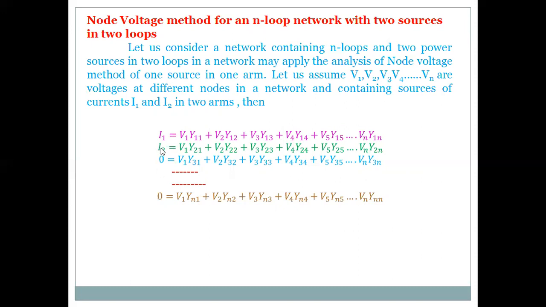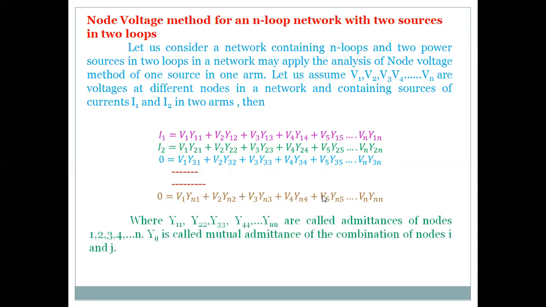For the second node, I2 is equal to V1 Y21 plus V2 Y22 plus V3 Y23 and so on plus Vn Y2n. We know in the third node there is no current source, so 0 is equal to V1 Y31 plus and so on. And also for the nth node, 0 is equal to the same form. By solving these equations, we can determine the voltages V1 to Vn easily.